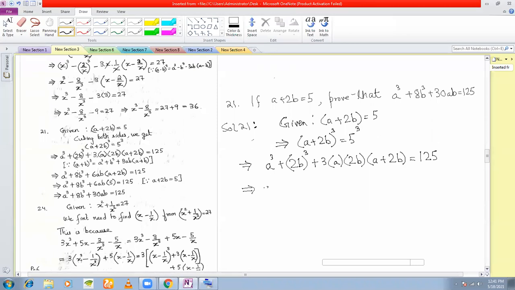So that means here you get A cube plus 8B cube plus this is 6AB into A plus 2B is equal to 125. You get A cube plus 8B cube plus 6AB. Now A plus 2B is 5, so you put 5 here.